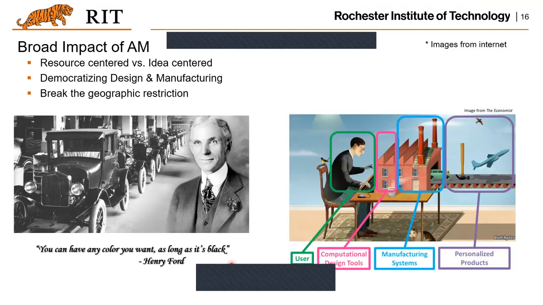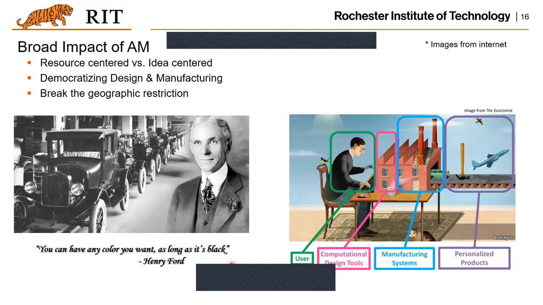So how about we have additive manufacturing? In this new paradigm of manufacturing, you can design your own product that satisfies your own need, of course with the support of software and computational tools. And after you complete your design, you can send it to the manufacturing system, which could be a 3D printer. And you have the personalized product produced and sent to you.